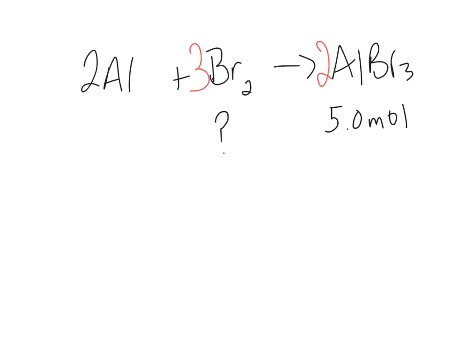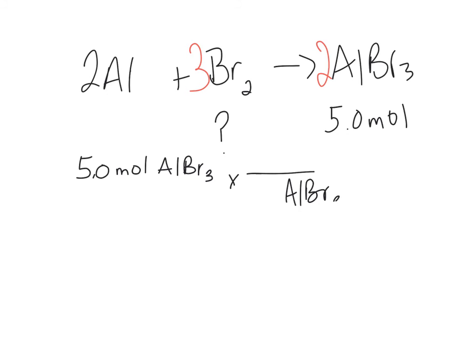So we have 5 moles of aluminum bromide. Emily said we've got 2 aluminum bromides for every 3 bromines.